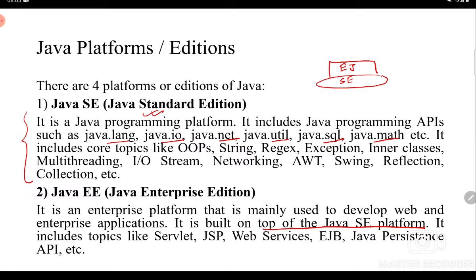Okay, so we will have this enterprise applications built on top of these Java standard applications or standard edition. So it includes topics like servlets, JSP, web services, enterprise Java beans, Java persistence, API, etc. Okay, so we will also be talking about some portion of it, but not entirely.